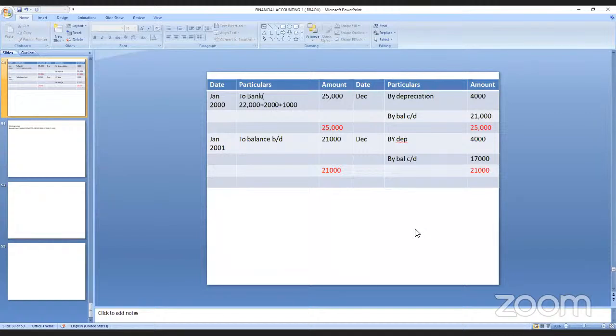3,000? From where 3,000? 4,000 only. Yes, good. Next. Do it in your book and tell me quickly. And the fourth year, that is 2003, what is the closing balance?